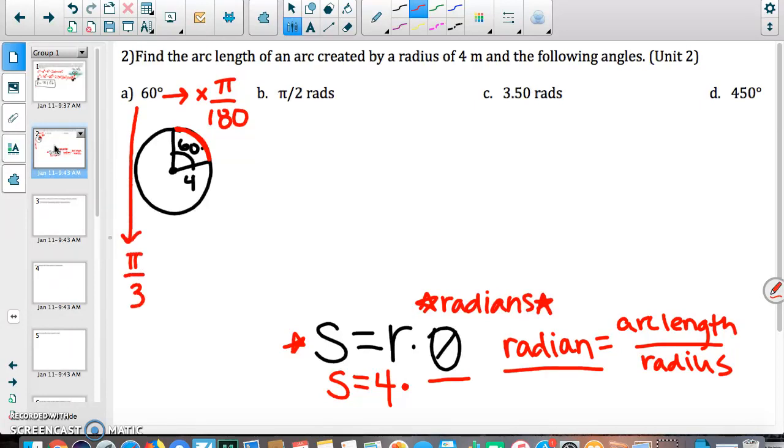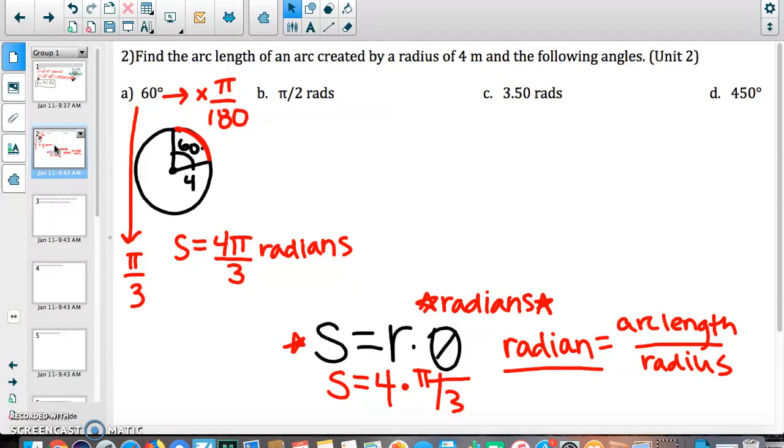So let's plug that into my equation here. And it looks like my arc length will just be 4 pi over 3 radians. And I can just leave it right like that. I can't simplify anything. Now you could punch that into your calculator and get me a decimal, but I would prefer your answer just in pi.